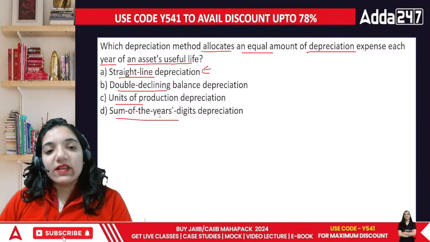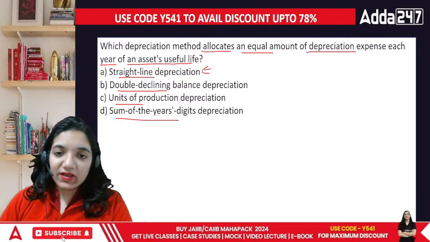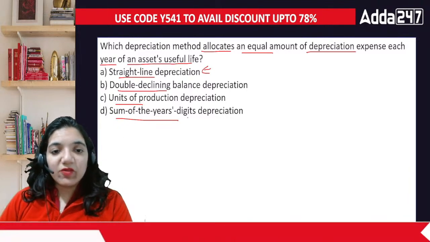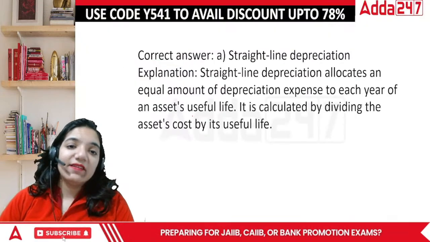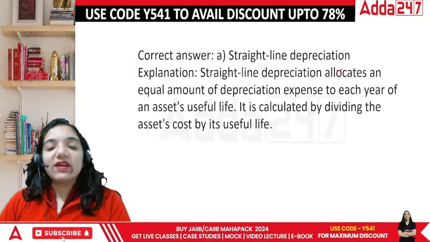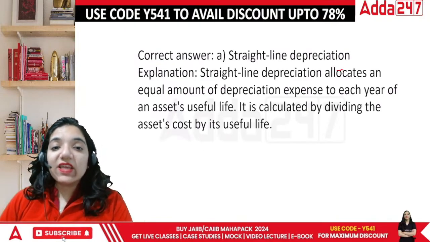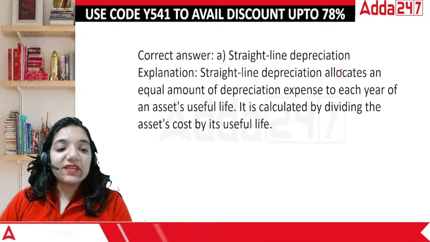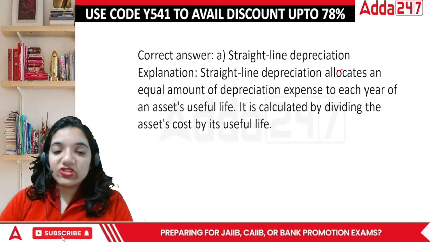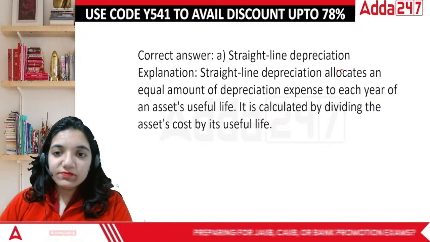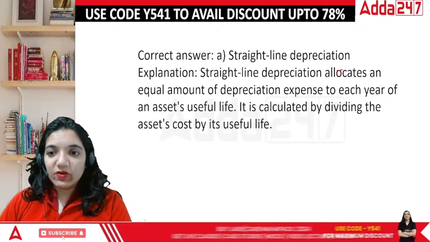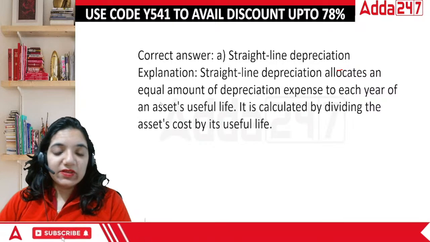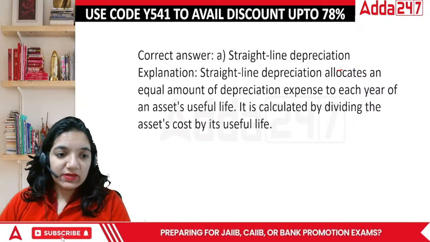And the last one would be the sum of years digit method. This is also not an equal amount. This is always declining. Then SLM is the answer. Under SLM, you have the same amount every single year, everyone. It doesn't change at all. Now let's move on to the next question.